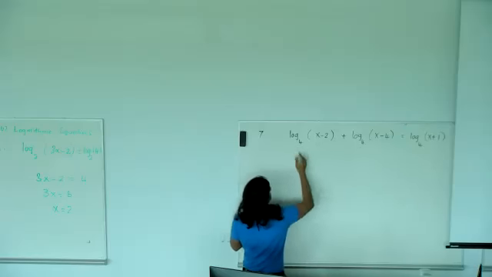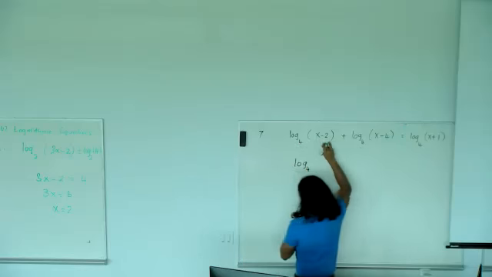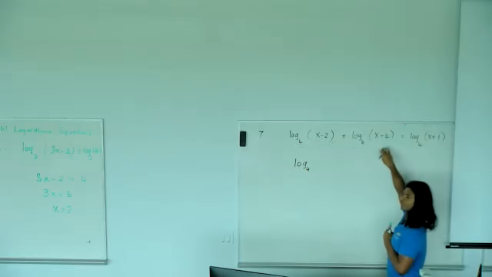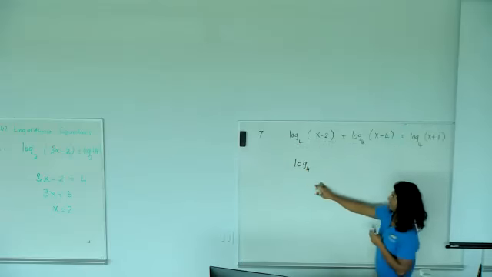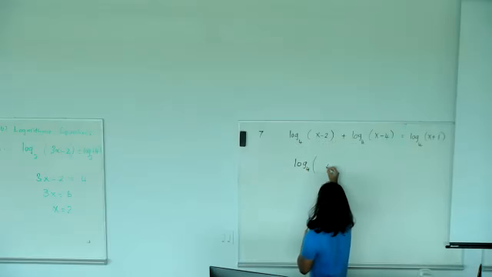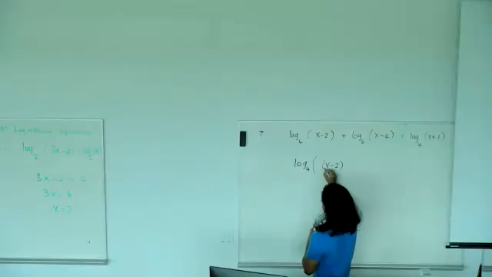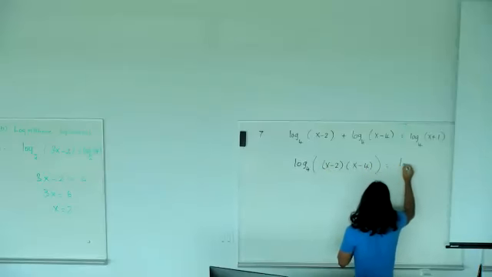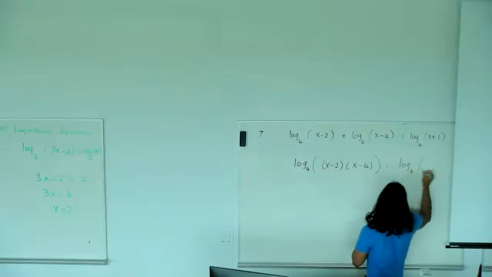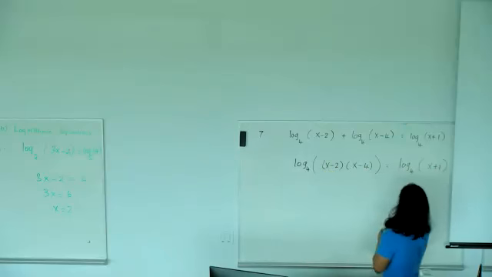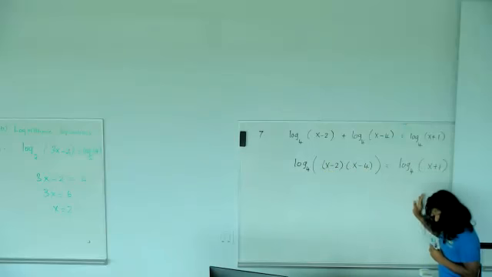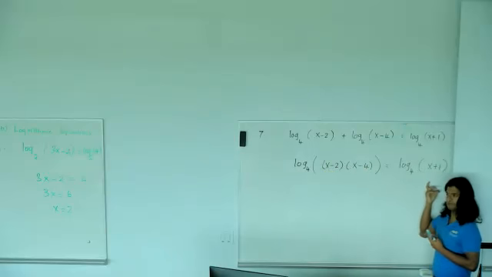So log base 4 of u plus log base 4 of v is log base 4 of u times v. So log base 4 of (x minus 2) times (x minus 4) equals log base 4 of x plus 1.